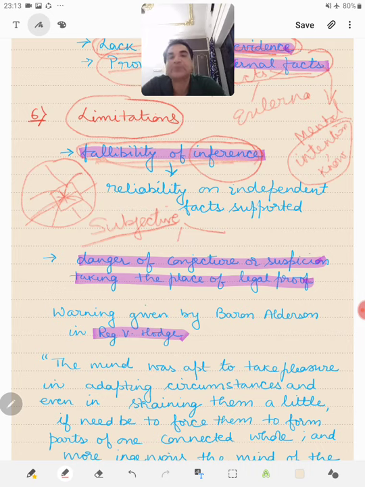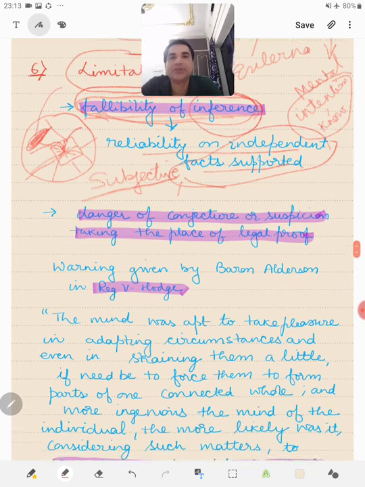Friends, that problem can be removed by reliability on independent facts supporting it. That is, if these circumstances and the conclusion which we draw from it are supported by independent facts, then the possibility of fallibility of inference can be reduced.